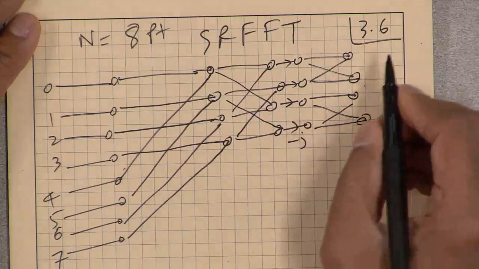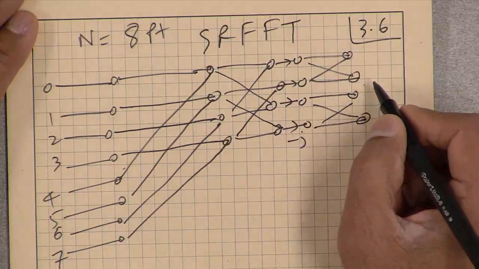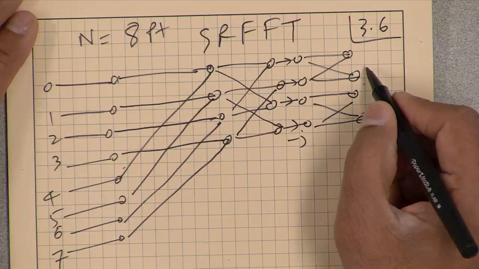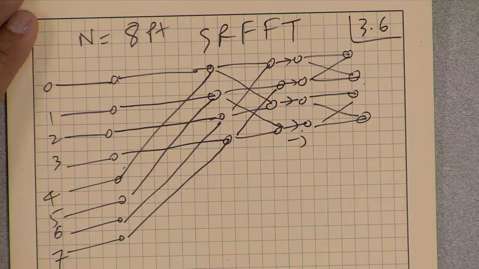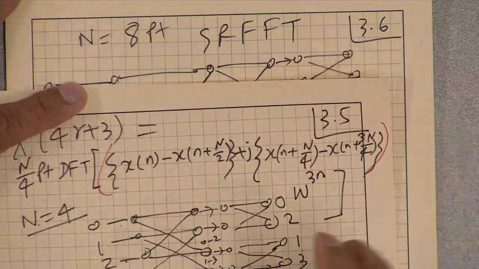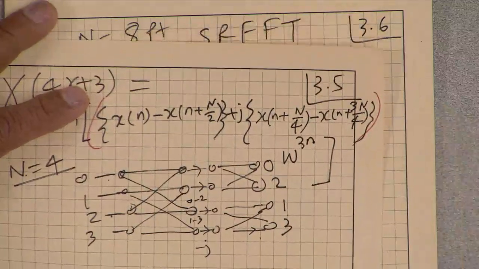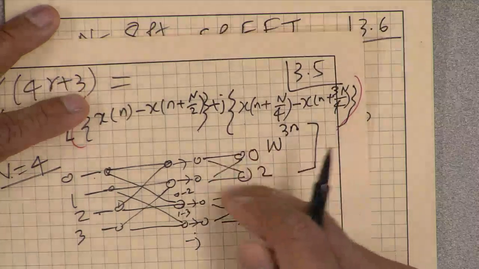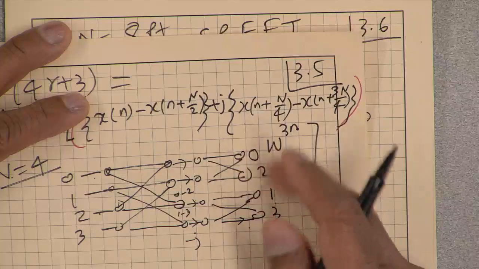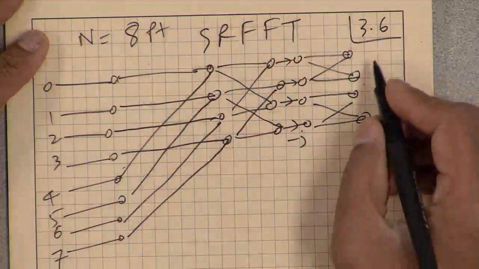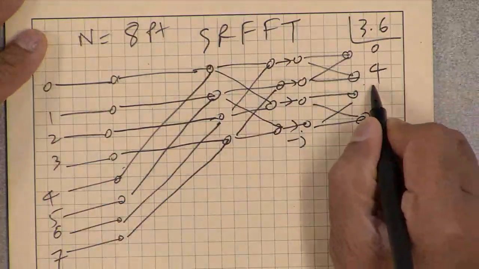Okay, and these are going to be the even DFTs 0, 2, 4, 6, and if you look at the locations, this becomes even of the even, so this will be 0, 4, 2, 6.